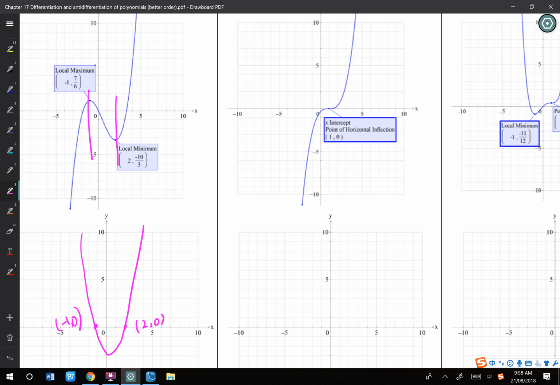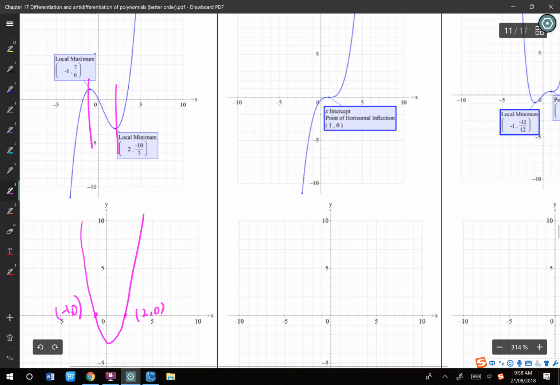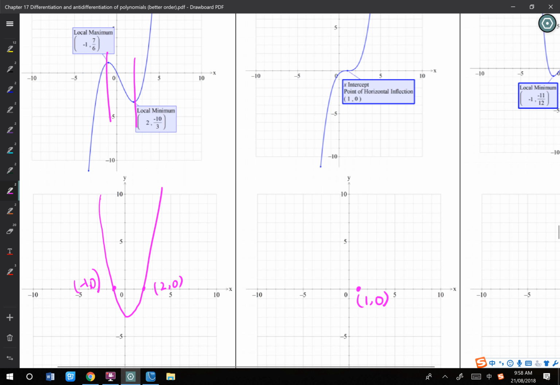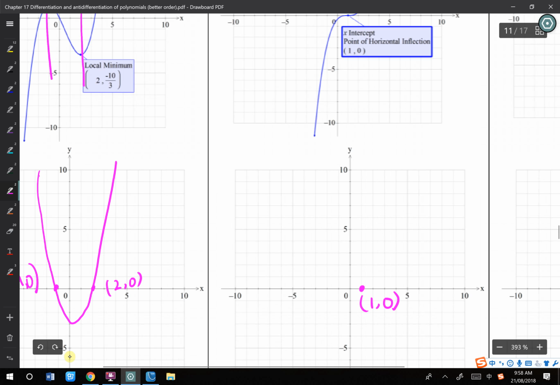Okay, let's look at this. This is a cubic. The stationary point is 1, 0. So I have 1, 0 here. Okay, it will be 1, 0 as well for me. That's the stationary point. But remember, this is a stationary point of inflection. So this point is also a turning point.